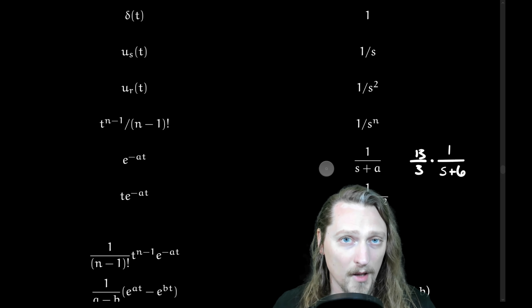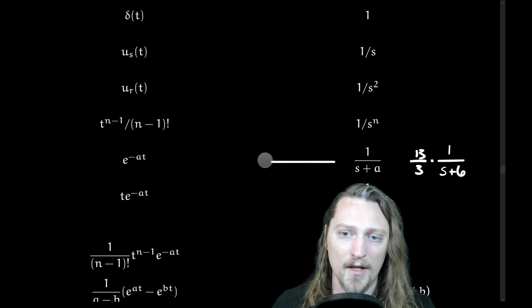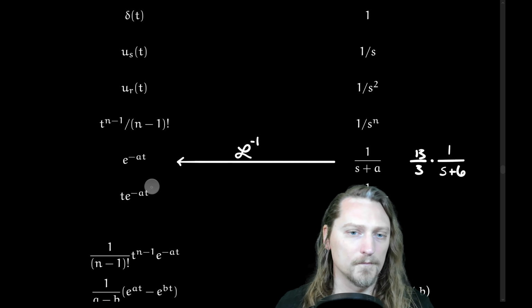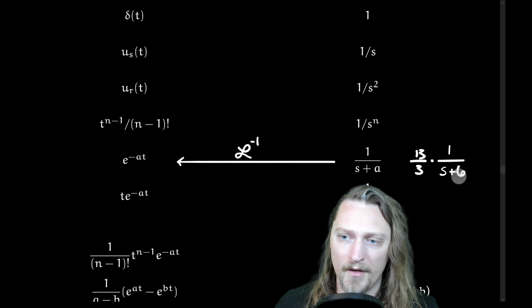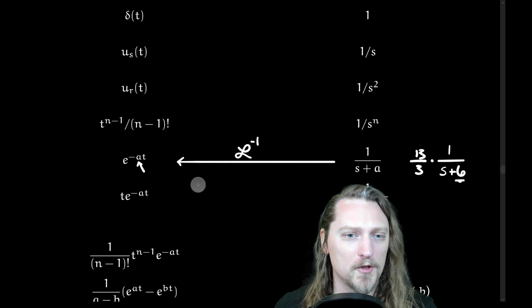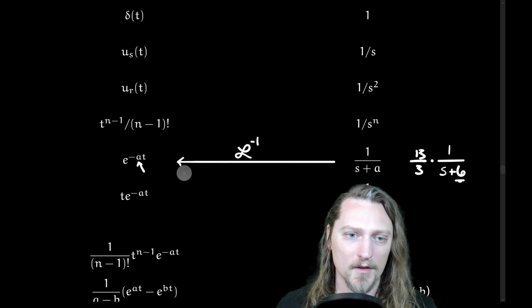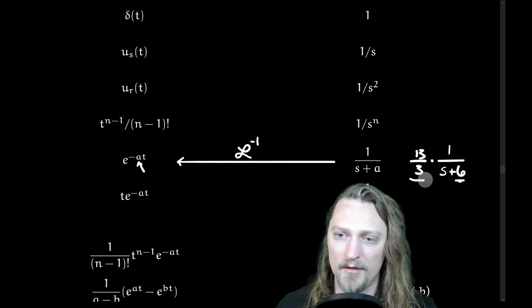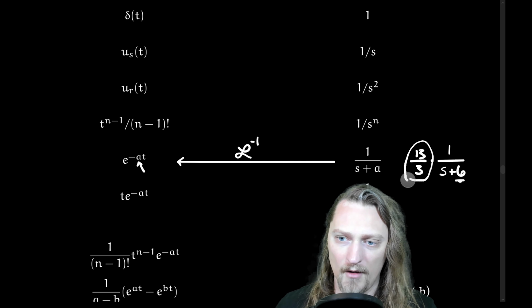So we can simply apply this inverse Laplace transform right there. So we've identified a to be 6, and we can just say, okay, here's our inverse Laplace transform. We have to scale the result by this factor out front.